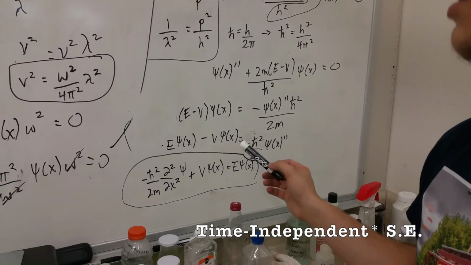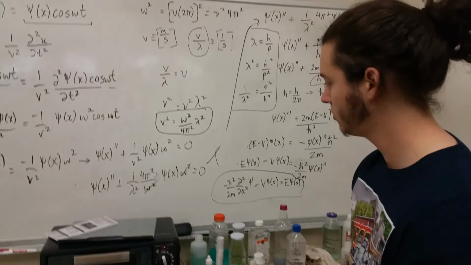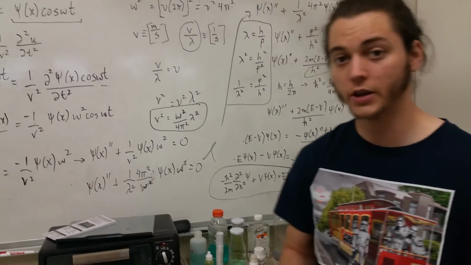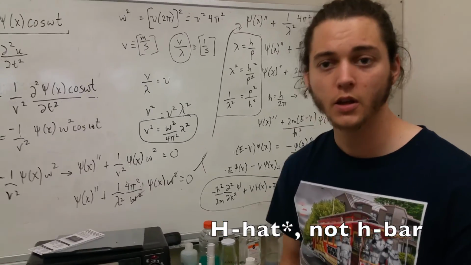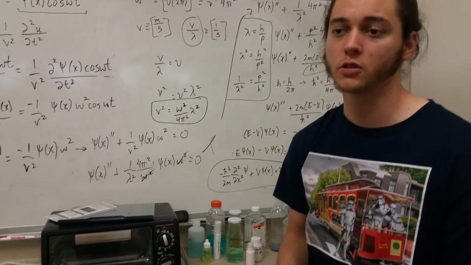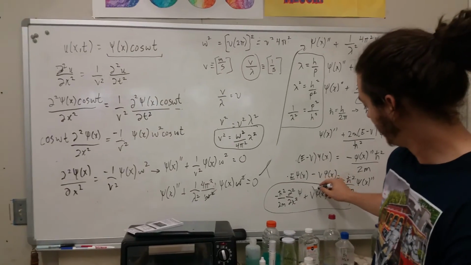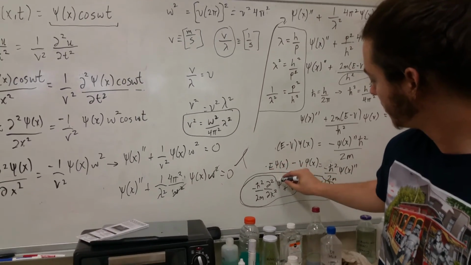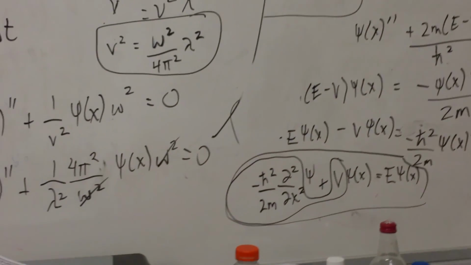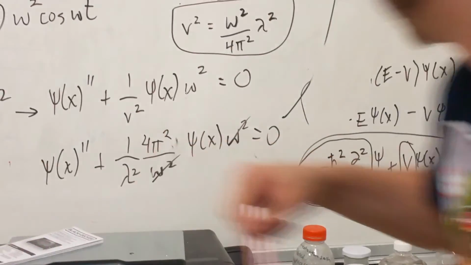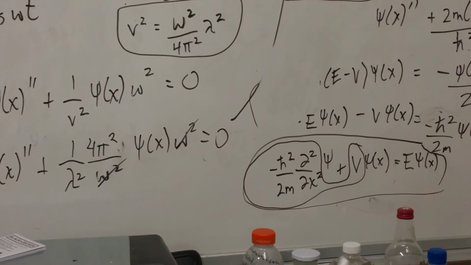And what you may have seen that is more familiar to you is simply H psi equals E psi. And H is called the Hamiltonian operator, and all that it means is this part right here. That part right there. So I'm sorry, did I say h bar? It's h hat.